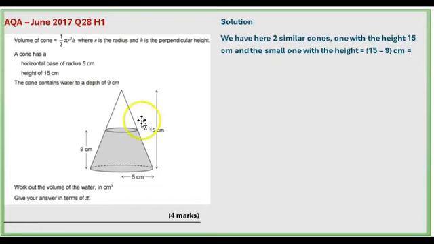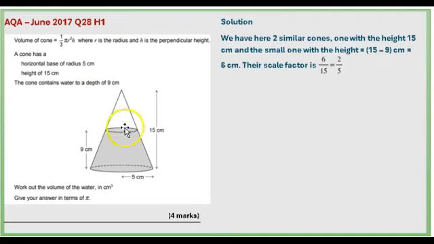Now the two cones, I said they are similar, so the scale factor of the two cones is, we have height over height, so 6 for small over 15 for big. 6 is the height of the small cone, 15 the height of the big cone, and that is 2/5.